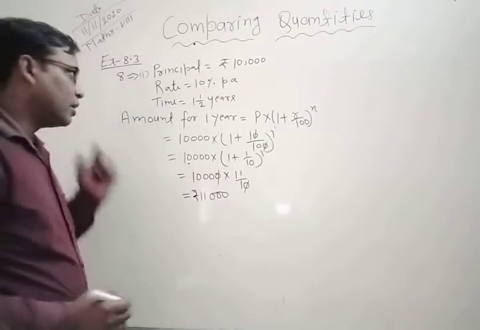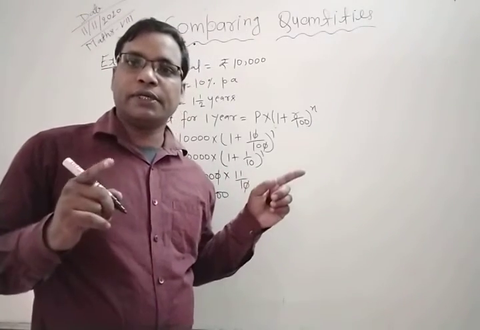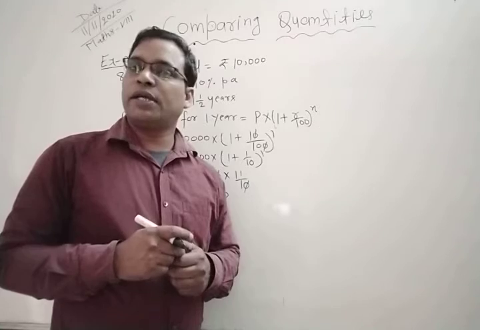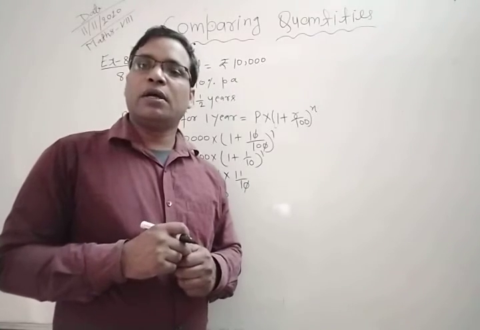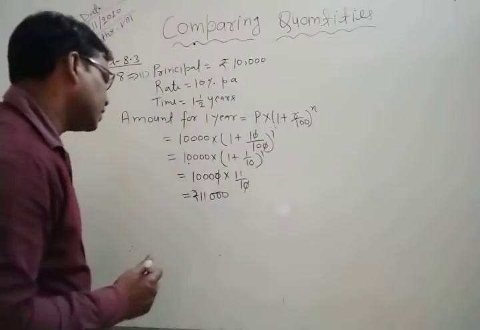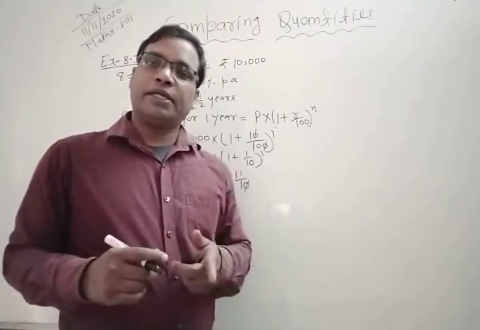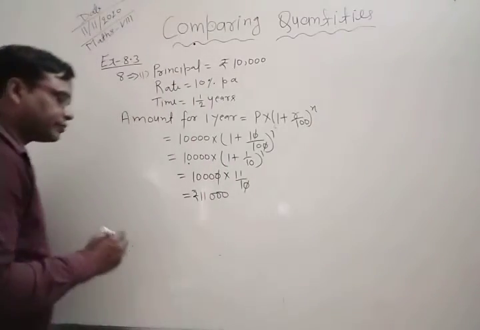Now we find the interest for half year, because the time is given in half years. So first we find the amount for 1 year. After this we find the interest for half year. This amount is treated as the principal for the interest for half year.